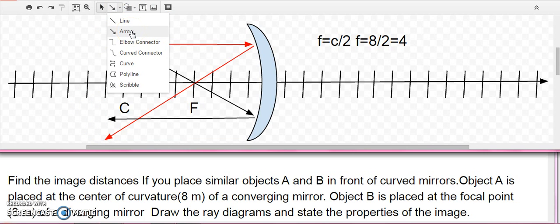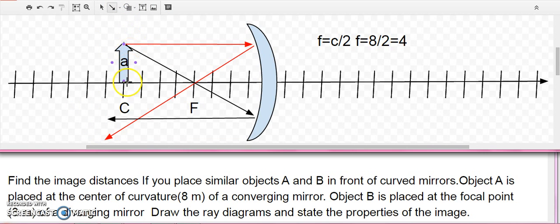Now we need another ray, because there's 3 rays. But as you can see, since we are on the center of curvature, we can't have ray 3. It just won't work. So right now, our rays cross at 2 points. The focus point, which we're not going to count because it has to go through there.